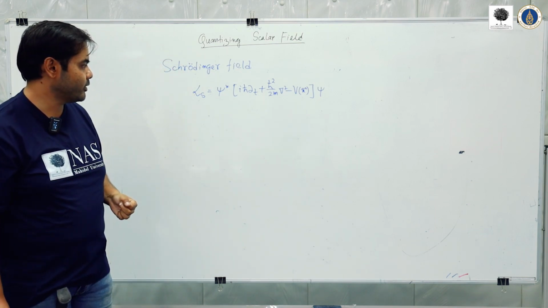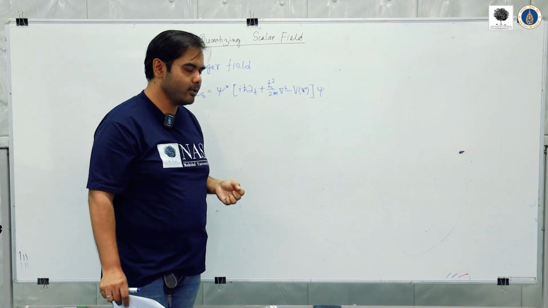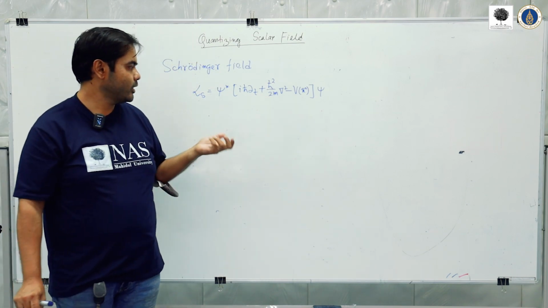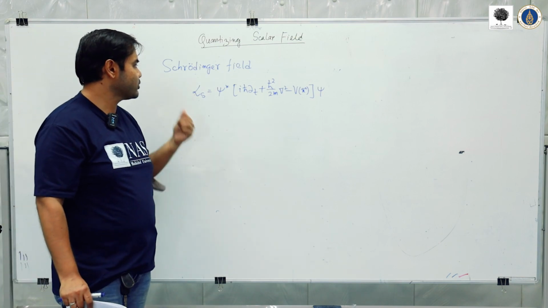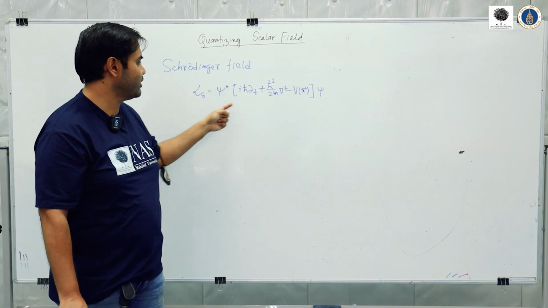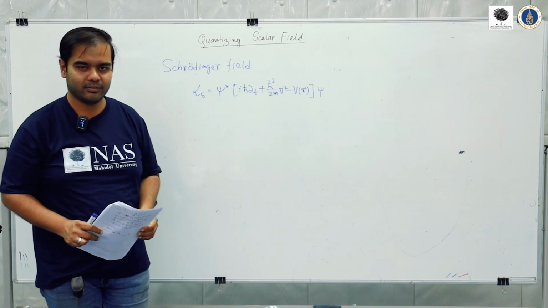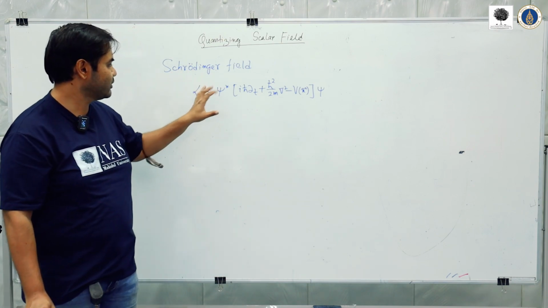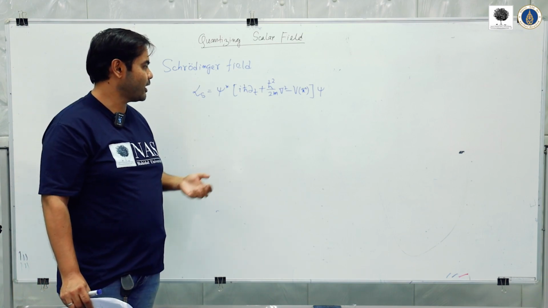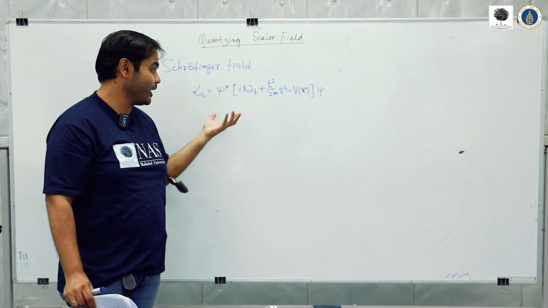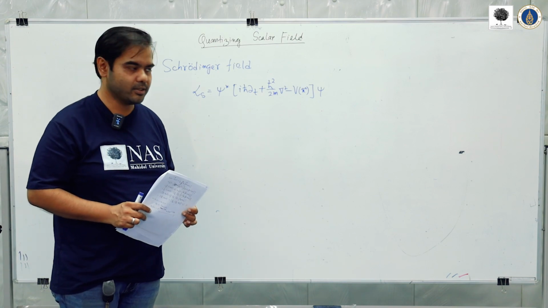You can consider it to be in 3 dimension, and the potential V, it depends only on position. But be careful, if I am calling it a Schrödinger field, this does not mean it is a quantum mechanical wave function. I am just writing down a Lagrangian density of a field. So for me, as of now, psi is a classical field variable.